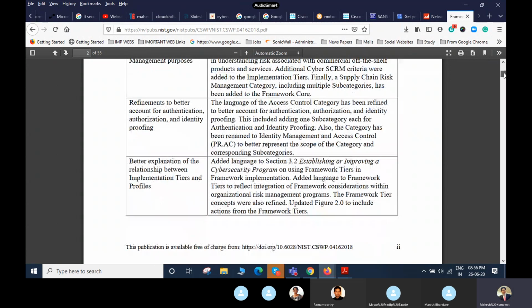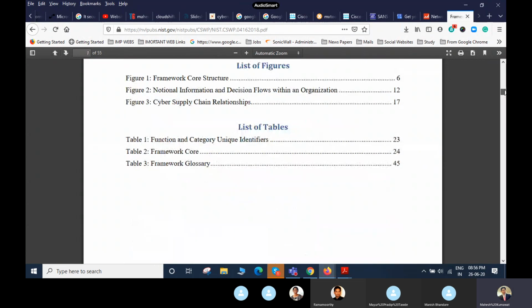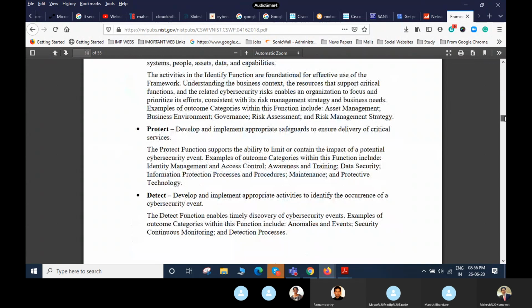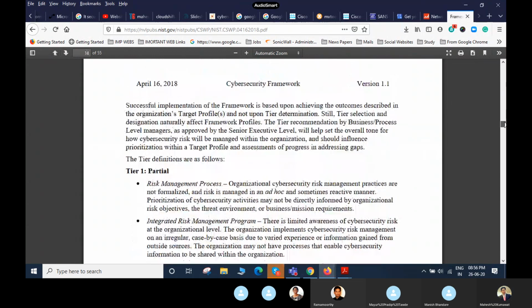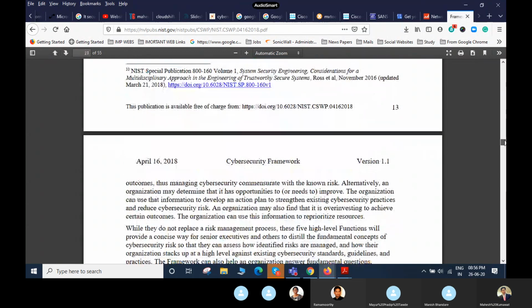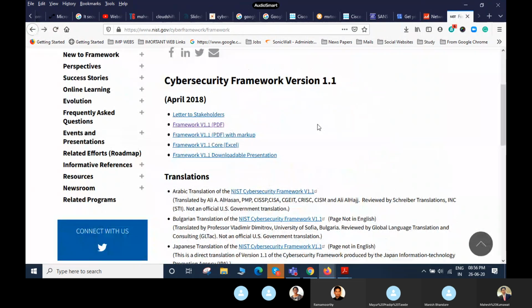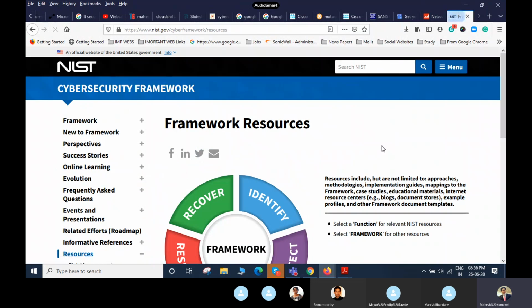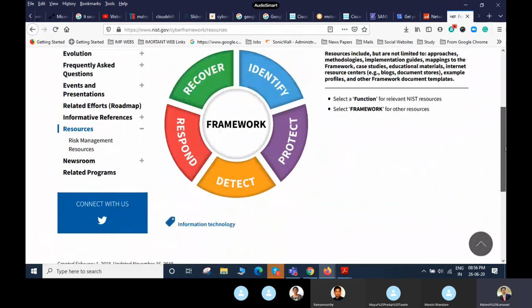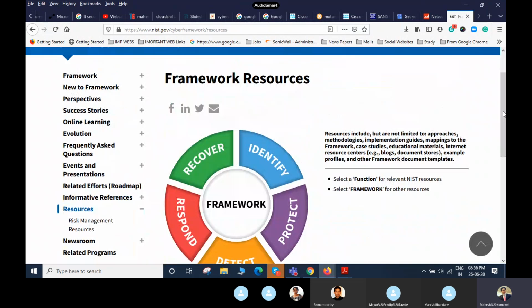As security professionals, you need to understand that different resources are available. Risk management has different approaches. Cyber security has different approaches.